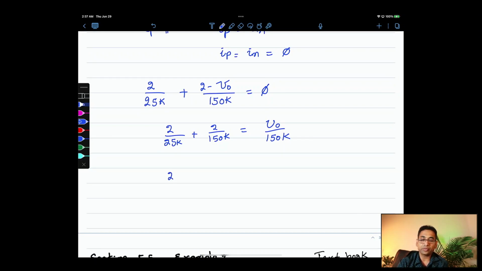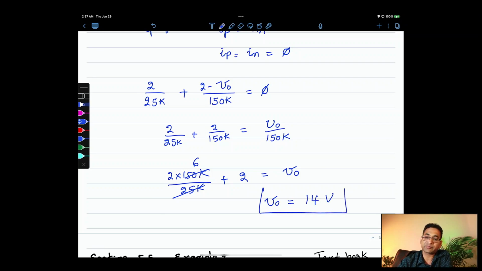I have 2 times 150k divided by 25k, plus 2, equals Vo. Whatever that comes out to be, this multiplies 6 times, so Vo equals 14 volts. That's it. Pretty straightforward, simple problem.